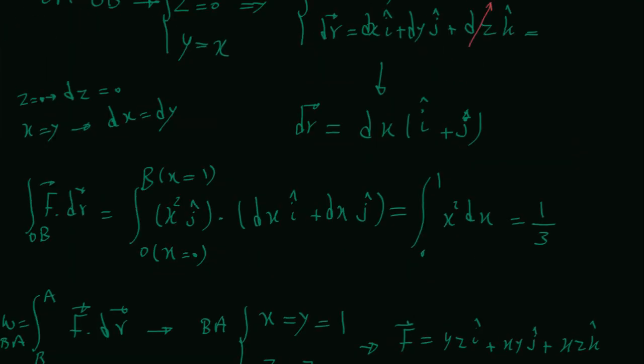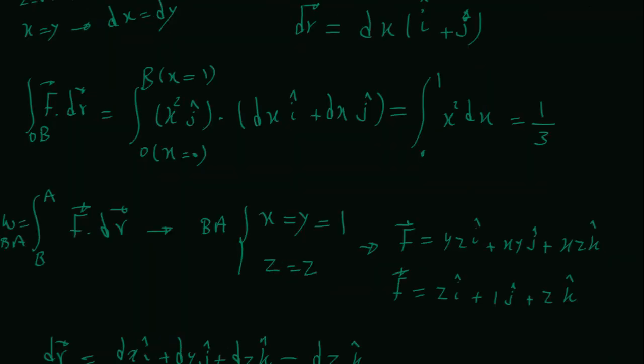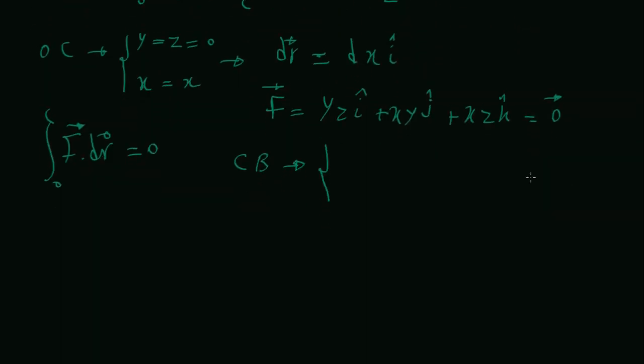When we go from C to B, again z is equal to 0, x is always equal to 1 on this piece, and y is equal to y. So y is a parameter of the curve here. So x is equal to 1, y is equal to y, and z is equal to 0. The displacement vector is just dy in the j direction.